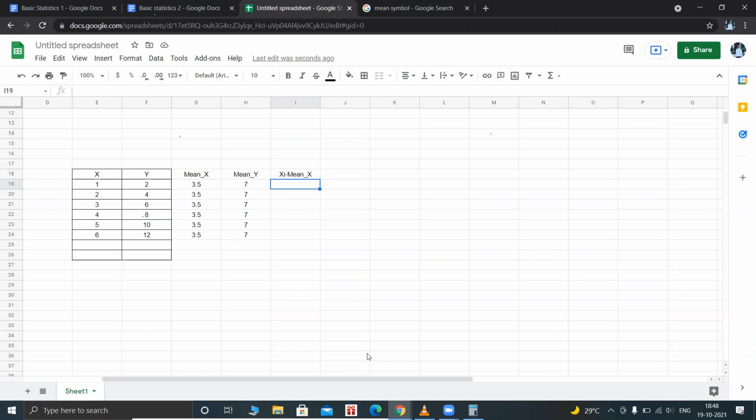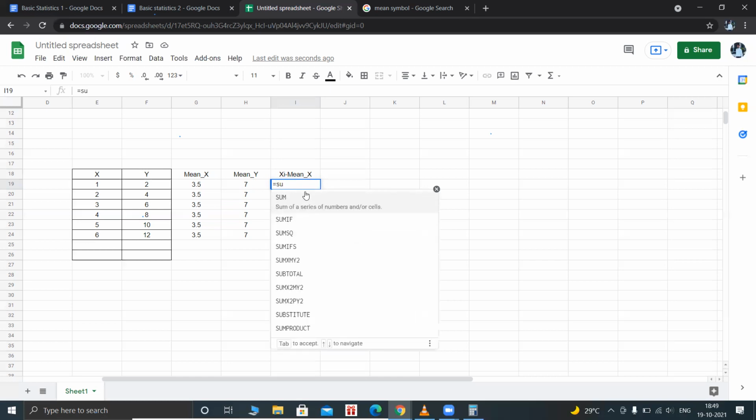So how can I do 1 minus 3.5 here? Subtract, the difference.